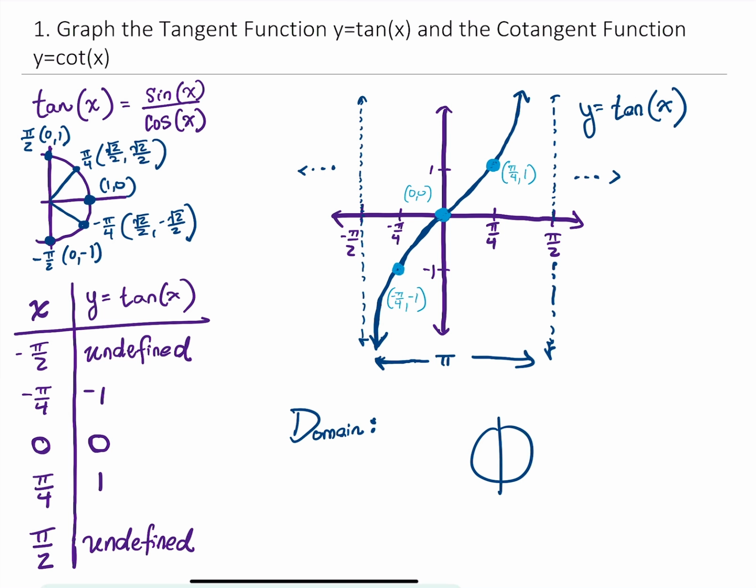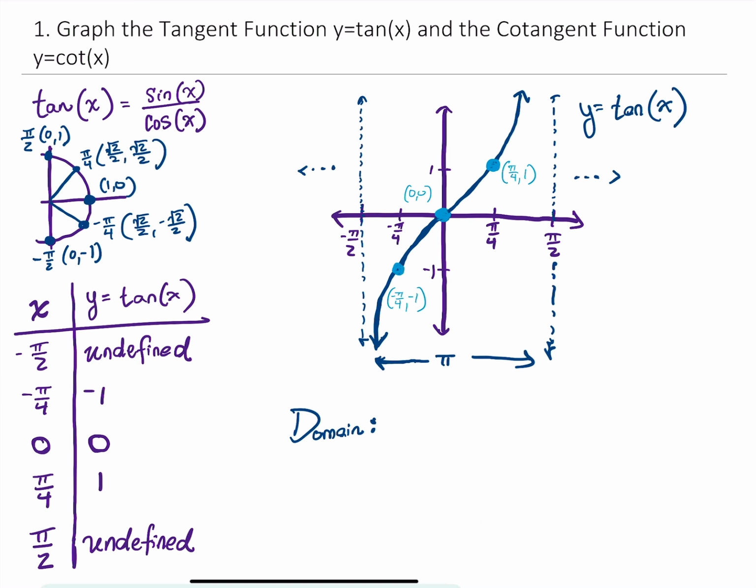Well, the cosine is equal to 0 at these 2 points, at pi over 2, down here at 3 pi over 2, but then anything coterminal to those. So that would be 5 pi over 2, 7 pi over 2, 9 pi over 2. Notice these are odd multiples of pi over 2. And we could go in the negative direction as well.